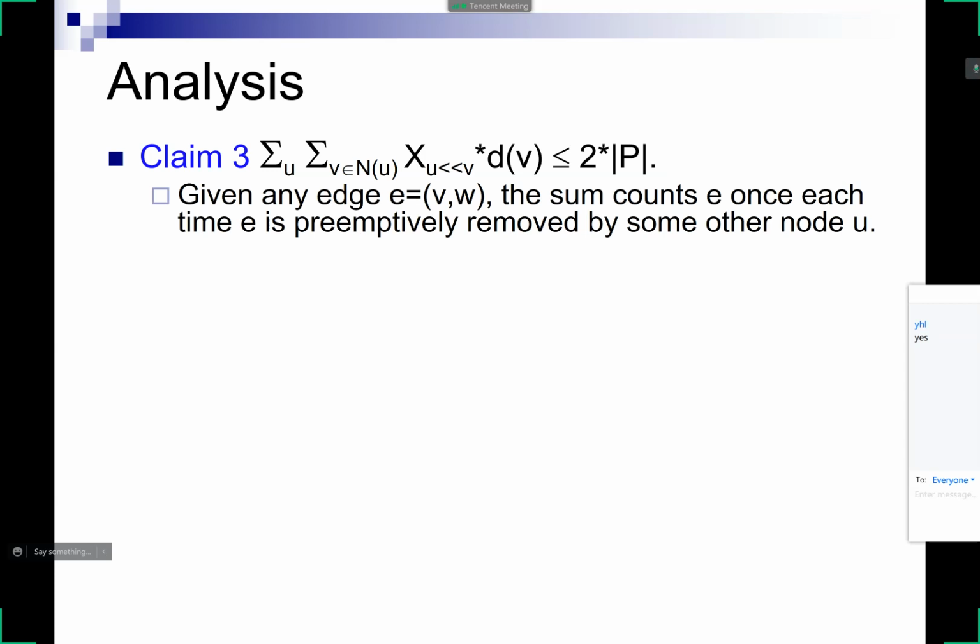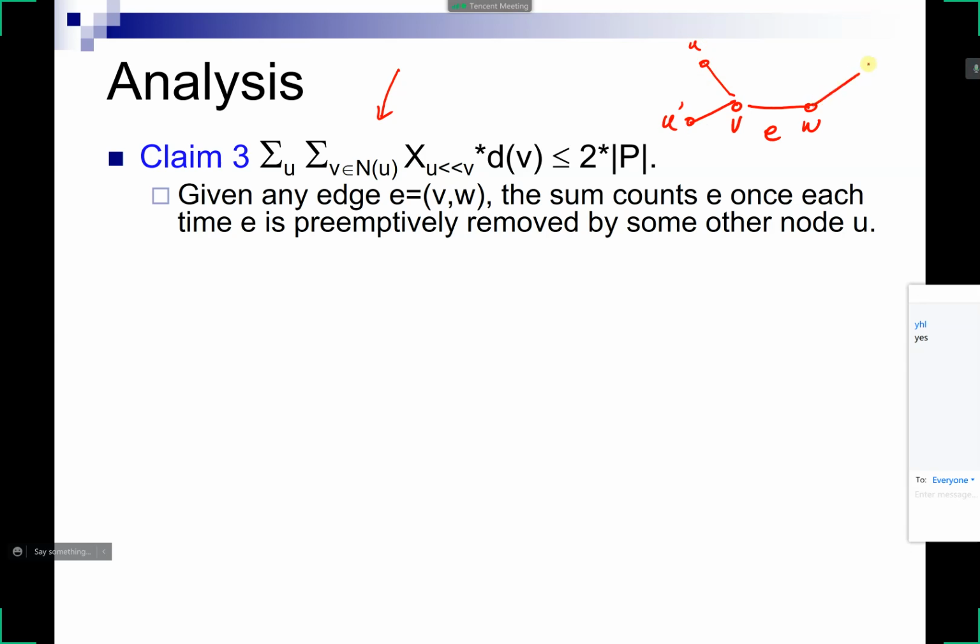The reason this is true is because if you take, let's say, an edge VW, then this sum up here is going to count this edge, edge E over here, each time this edge is removed by any neighbor of V. So maybe V has a neighbor U over here, and then maybe another neighbor U prime over here, and then W could also have neighbors.